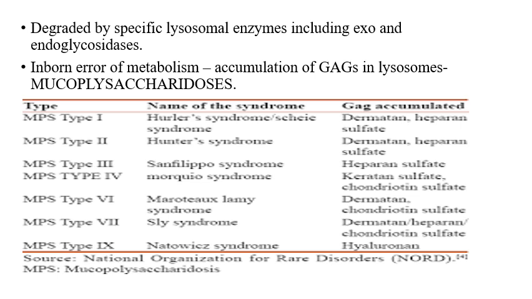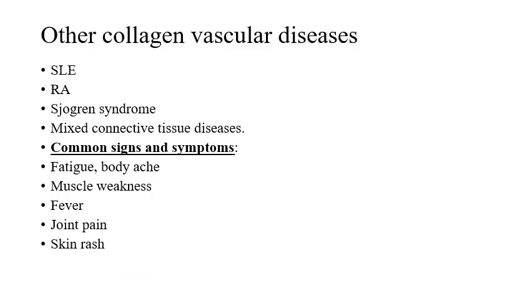Type 1 is called Hurler's syndrome, 2 is Hunter syndrome, 3 is Sanfilippo syndrome, 4th one is Morquio syndrome, 6th one is Maroteaux-Lamy syndrome, 7th one is Sly syndrome, 9th one is Natowicz syndrome. And different glycosaminoglycans are affected, that is, accumulation of particular glycosaminoglycans will take place in different types of mucopolysaccharidosis.